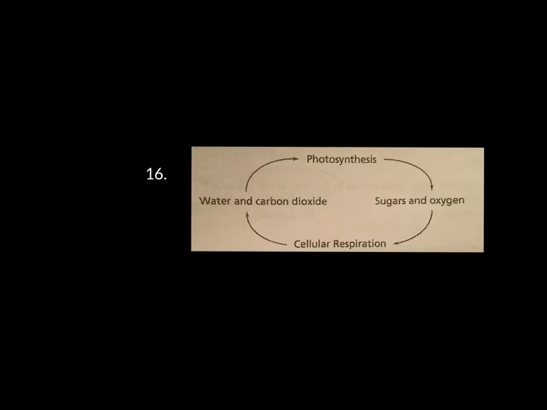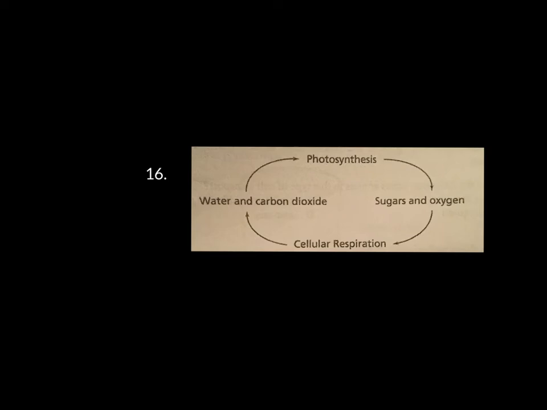Number 16. The diagram shows a relationship between photosynthesis and cellular respiration. Which statement best describes the interdependence of photosynthesis and respiration? A. The products of photosynthesis are the same as the products of cellular respiration. B. The reactants of photosynthesis are sugars and oxygen to be used in cellular respiration.